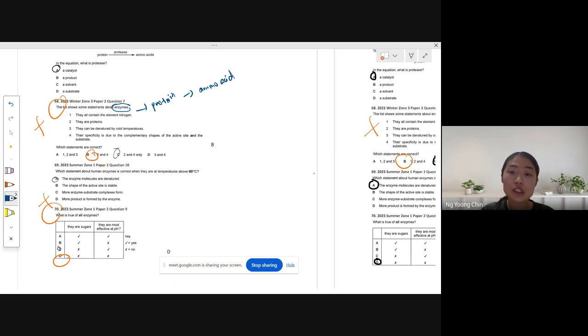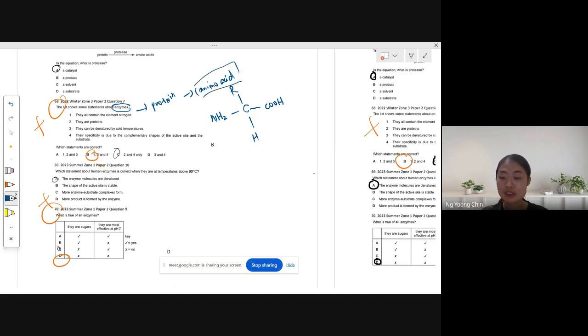The structure of an amino acid is like this. COOH is what we know as the carboxylic group, and NH2, and R. This R group refers to any kind of chemical group that can connect with the amino acid. And then this will be the H. So this is the structure of the amino acid.